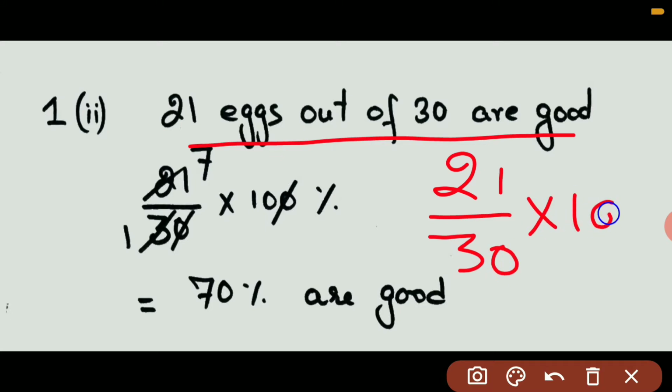Just multiply it by 100%. So then after cancellation, 0 and 0 gets cancelled. 3 can cancel 21 7 times. Hence 7 into 10, I am getting 70% are good. I hope this is clear, right? Then we can go to the next question, which is question number 2.